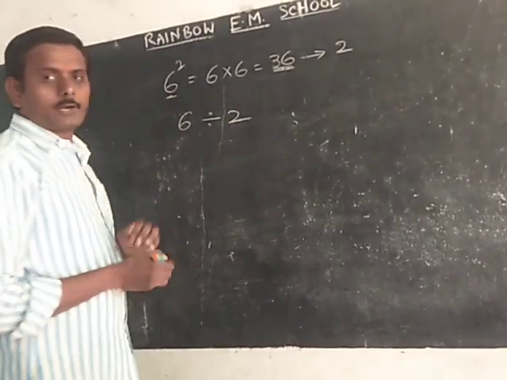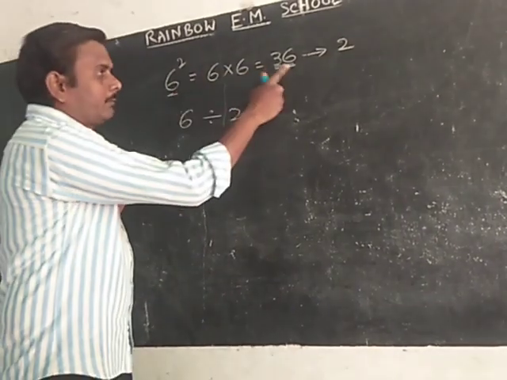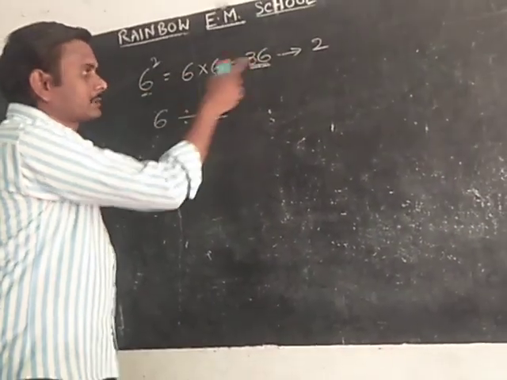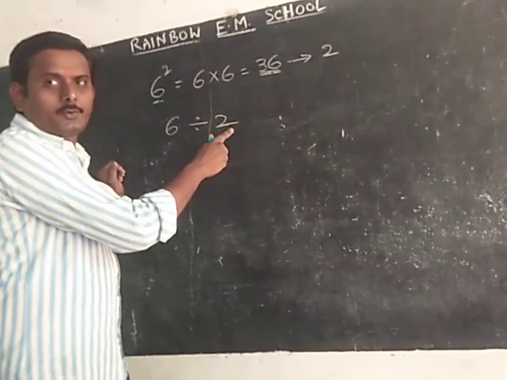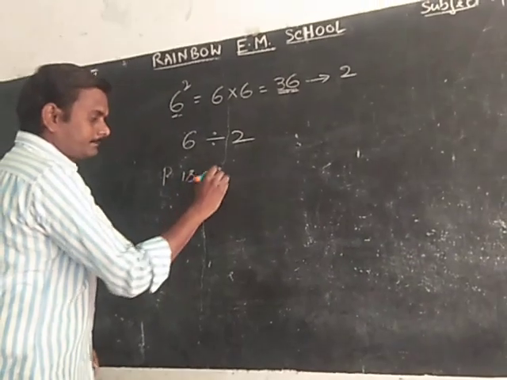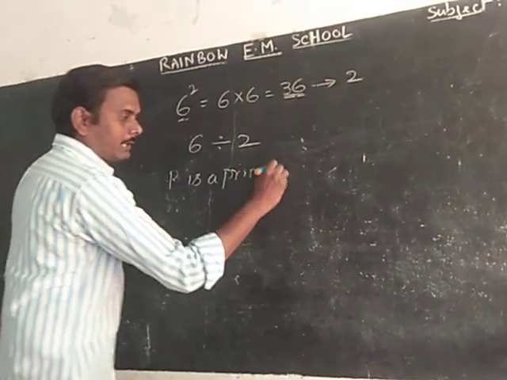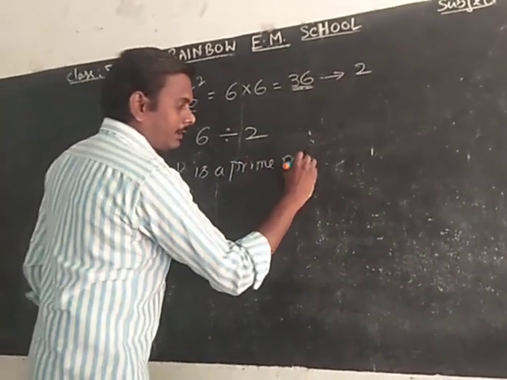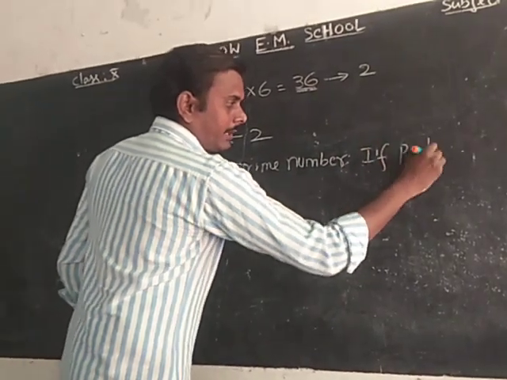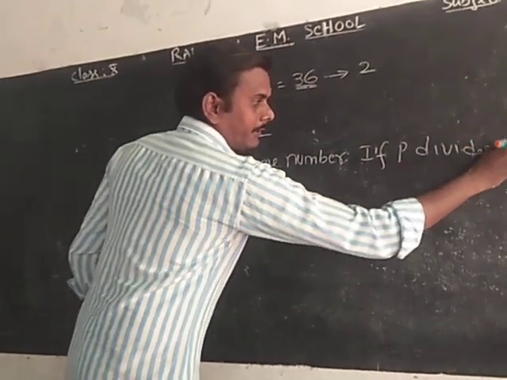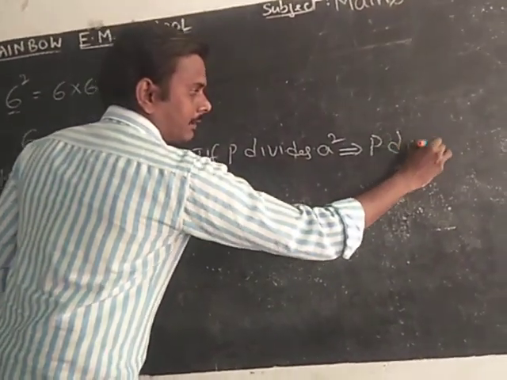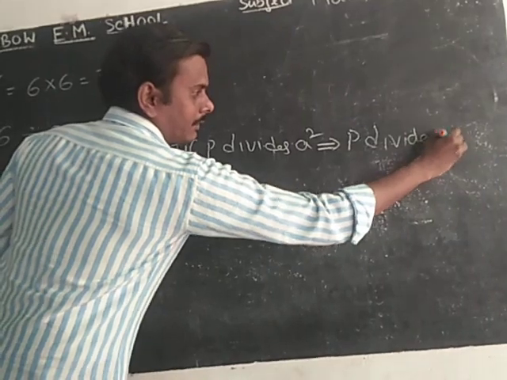From this example what can we say? If the square of a number is divisible by a prime number, then the number itself is also divisible by that prime number. So we can write: p is a prime number. If p divides a square, implies p divides a.